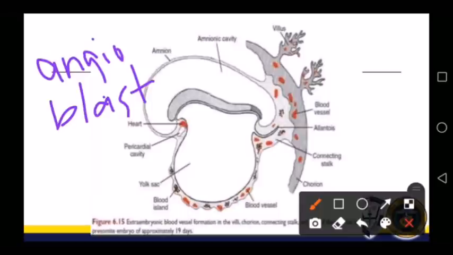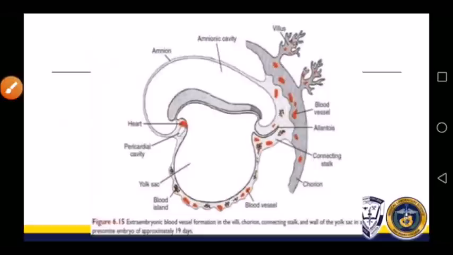So, it is safe to say that the blood island of the yolk sac is lined with angioblasts, or is lined with primitive blood vessels. So, the hematopoiesis that happens during the mesoblastic period is classified as intravascular and extraembryonic.